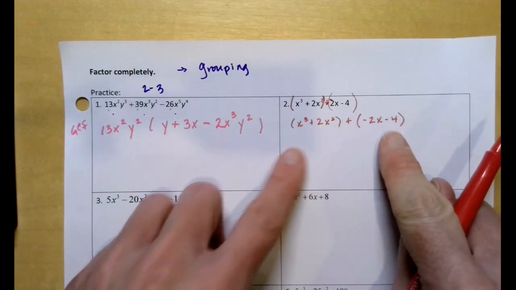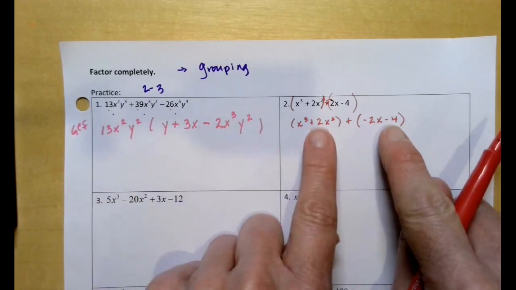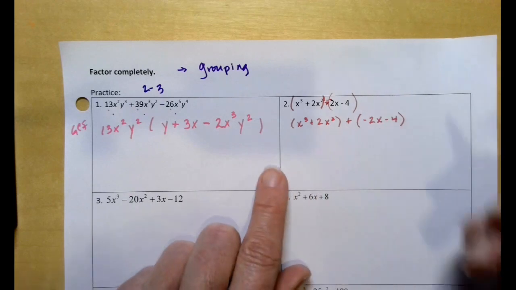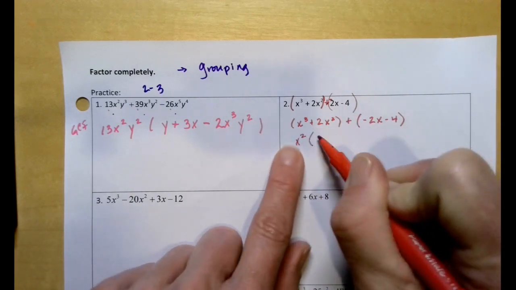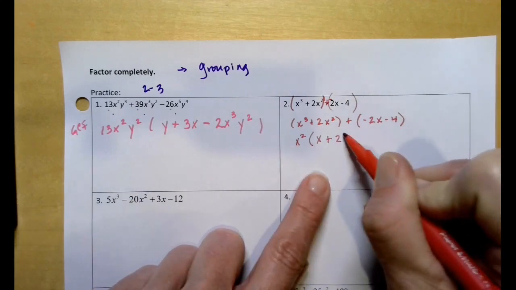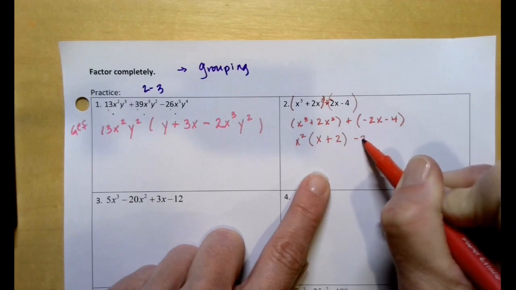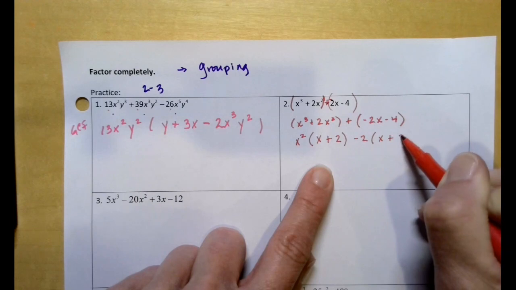All right, so now instead of looking at a GCF across the whole polynomial, I'm just going to look at this one. I can take out 2 x's, and this is going to leave me with 1x plus 2. Now check this out. I can take out a negative 2, and that's going to leave me with 1x plus 2.